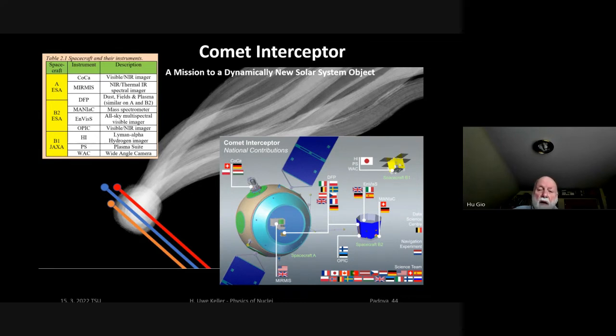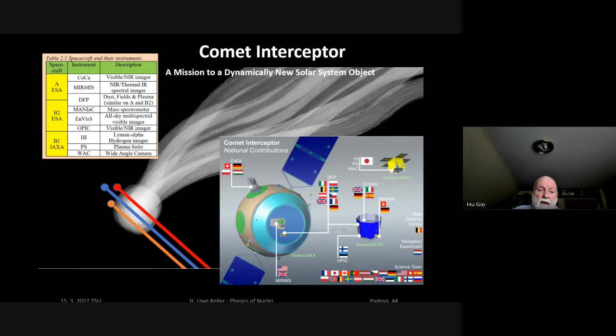So this is the only possibility to look at the differences between new comets from far away orbits, compared to the comets we usually observe, the Jupiter family comets.